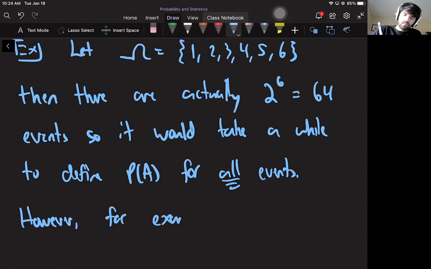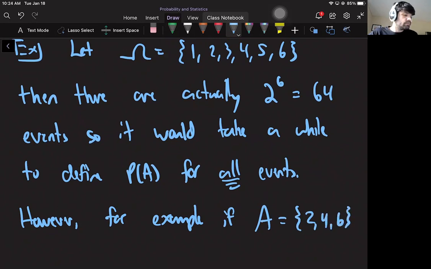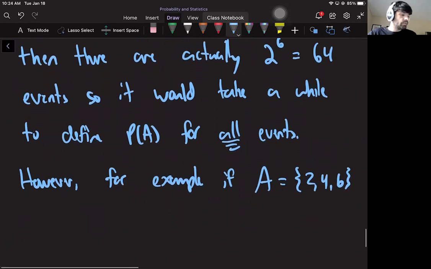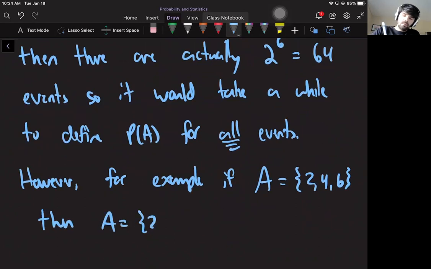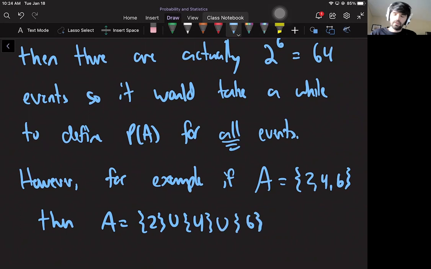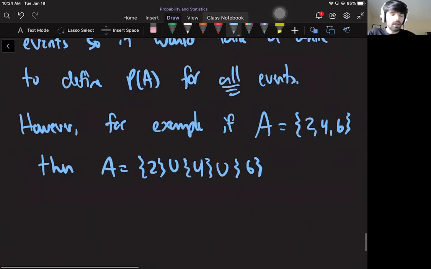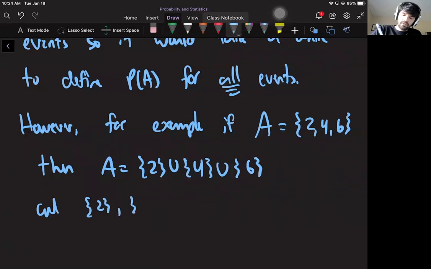So for example, if A is rolling an even, so it's got 2, 4, and 6 in it, then we can break it up into pieces like this, a union of 3 disjoint events: just rolling a 2, just rolling a 4, just rolling a 6. So these guys are disjoint.